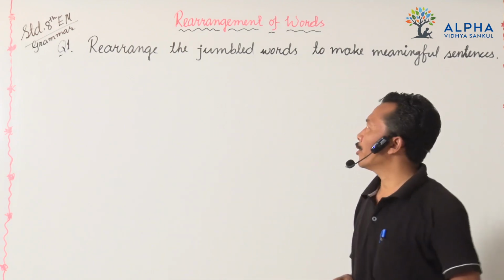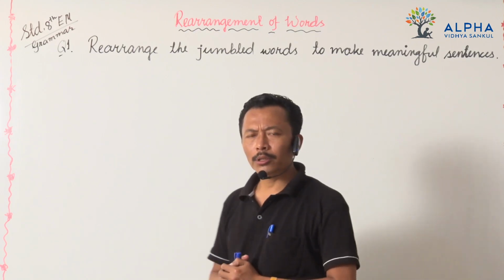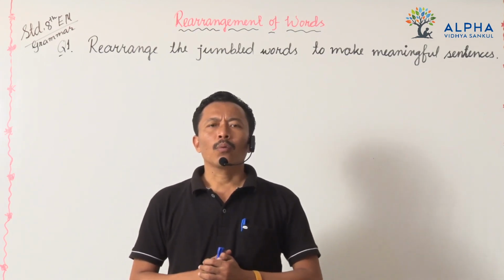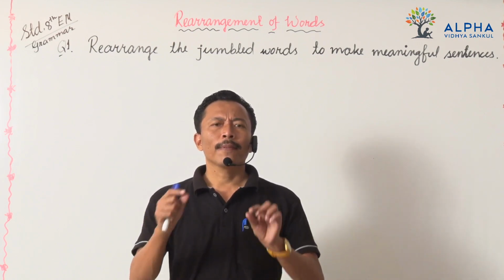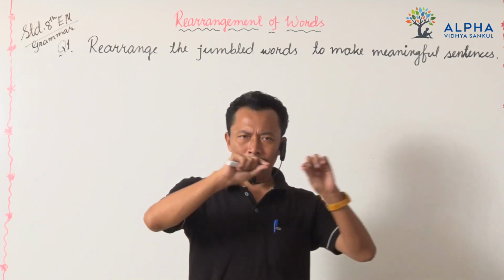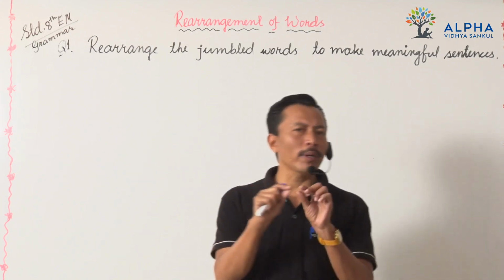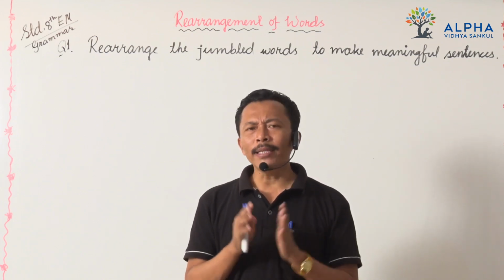Students, today's topic is rearrangement of words. And what is the rearrangement of words? Many words are given in a line, in a sentence, but actually it is not a sentence. It doesn't have any sense.